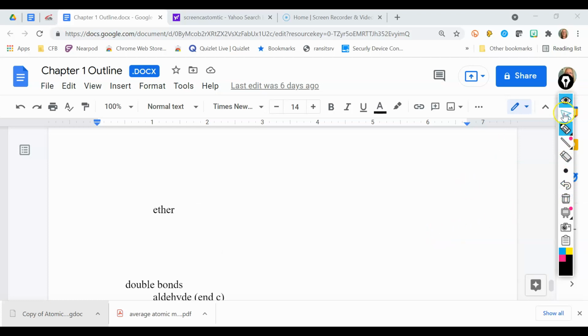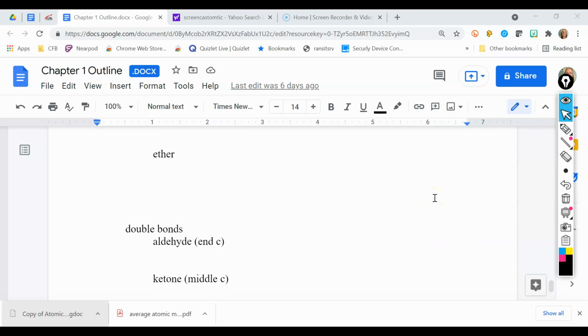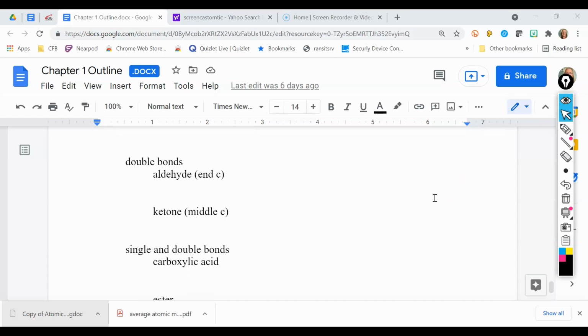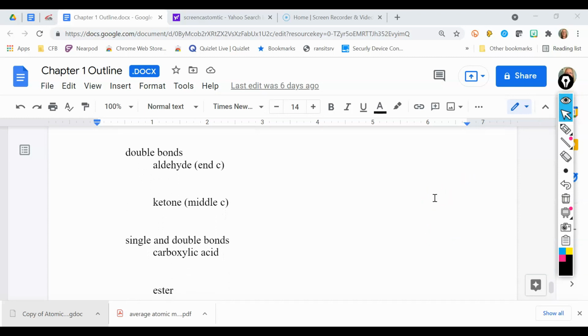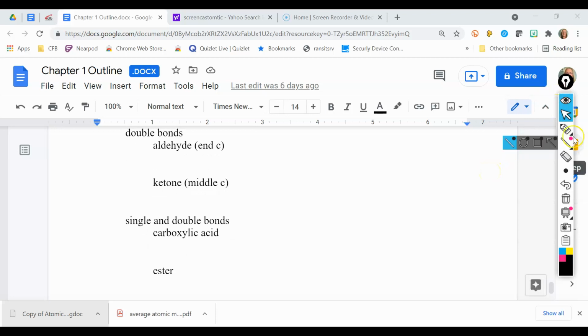So those were single bonded oxygens. The next type you have are some double bonded oxygens. And so these are all going to be ways in which oxygen is included but being part of a double bond. Okay, so the first kind that you have is an aldehyde. The first kind is going to be an aldehyde, and this is where the oxygen is on the ending carbon.